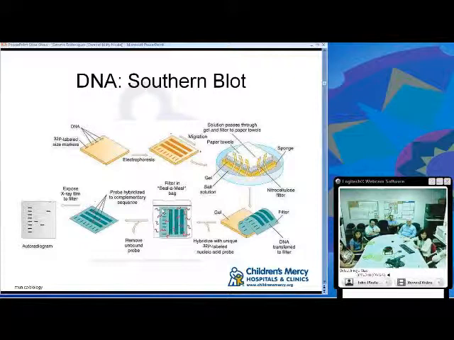And then we would allow this to incubate overnight and then wash it, and then we would expose our filter paper to X-ray film. What we would have is our markers here, and then depending on the nucleic acid probe we use, we would see that light up in our DNA sample. So we could identify specific DNA sequences within our DNA samples based on the Southern blot method.